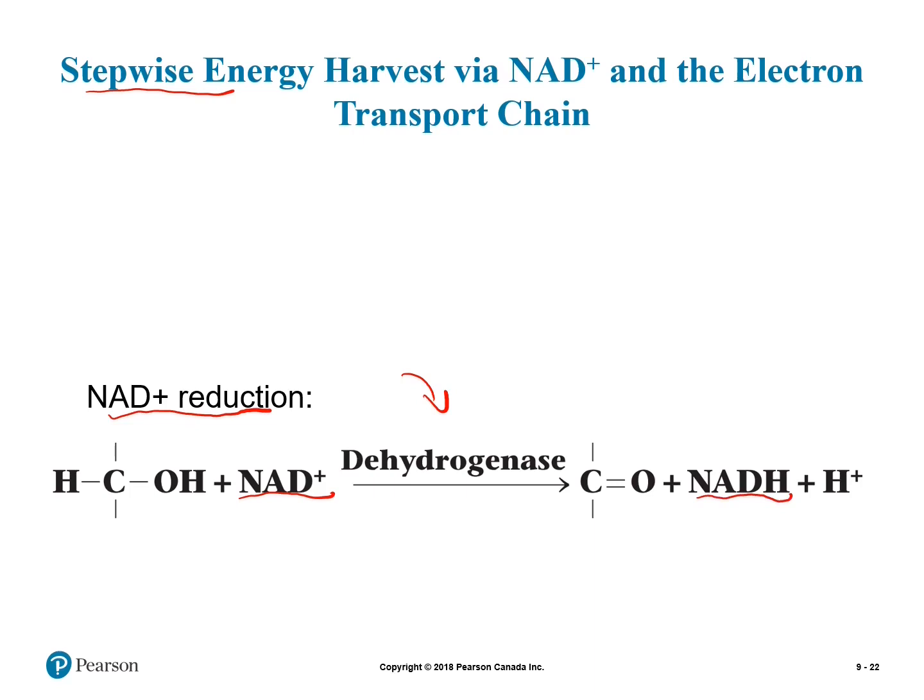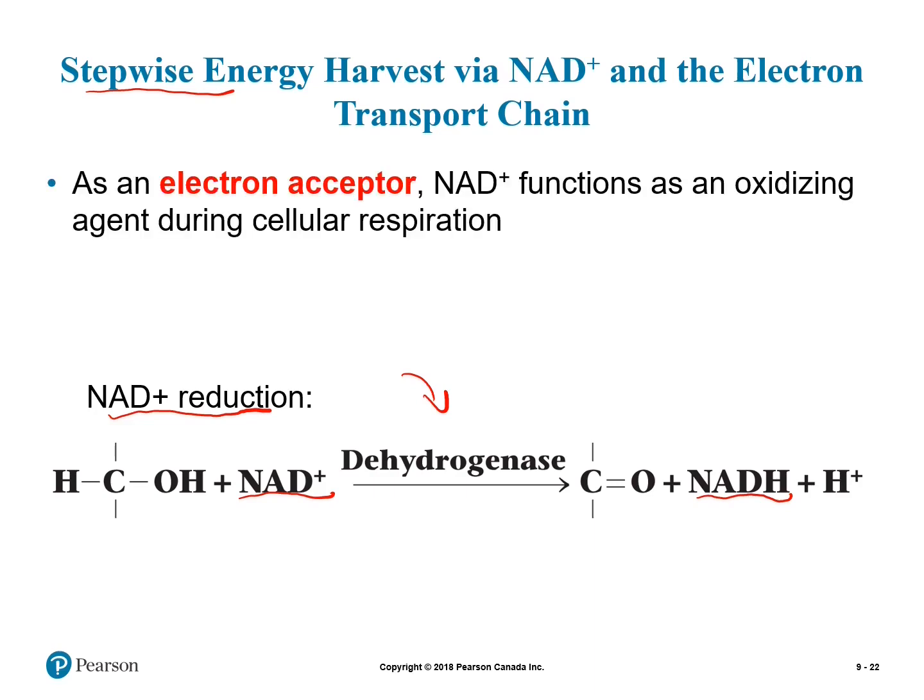And why is this so important? Because we will see that during cellular respiration and photosynthesis, we will need these electron acceptors, because they function as an oxidizing agent, if you remember the redox. Both in cellular respiration and in photosynthesis, they will be very important.